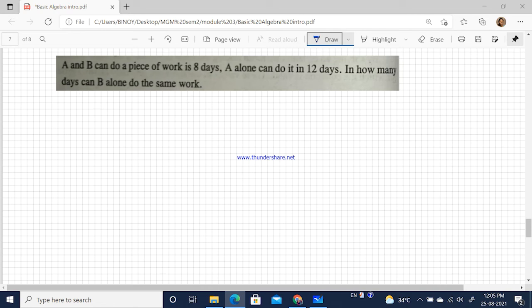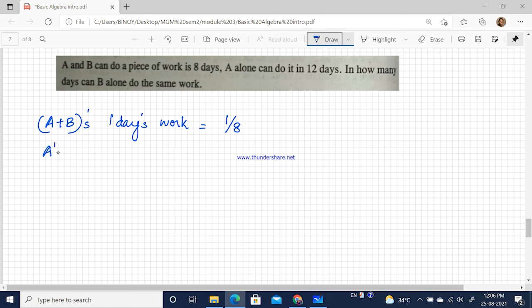So the first step is we consider A plus B's 1 day's work. A and B can do a piece of work in 8 days, so 1 day's work is 1 by 8.